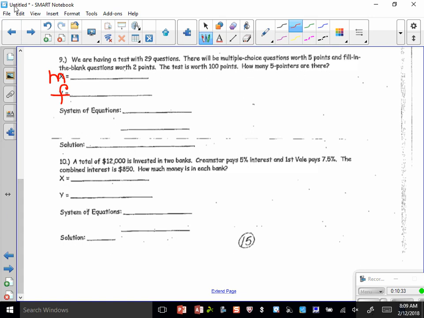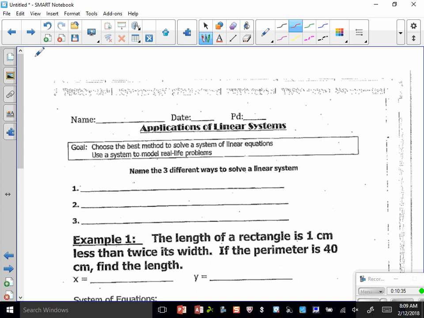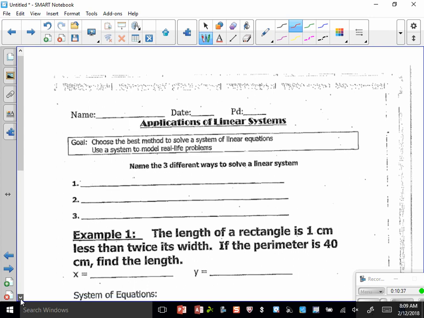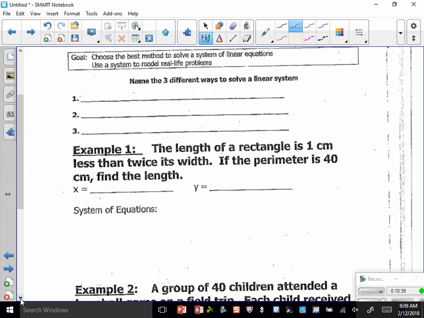Let's take a look. Go to this page here. We're going to fill in this top page here. So the 3 different ways we have learned to solve a system of equations. The first method we covered was graphing. The second method was substitution.